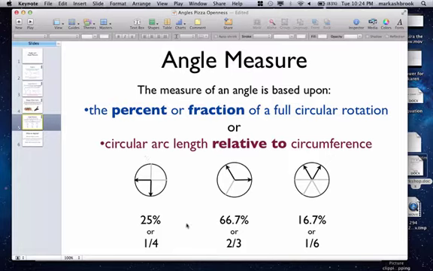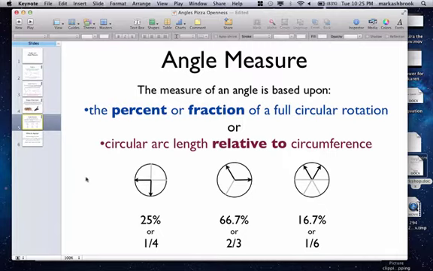And I just had 3 short examples here of how circles and this idea of relative arc length, or percent or fraction of a circle, is the basis for measuring angle. So this was our 25% or 1/4 angle. This was our 66 or 67% or 2/3 angle. And this was our 1/6 angle.